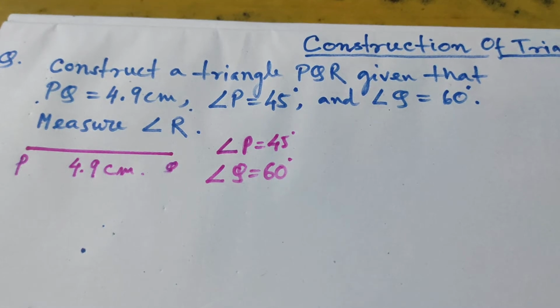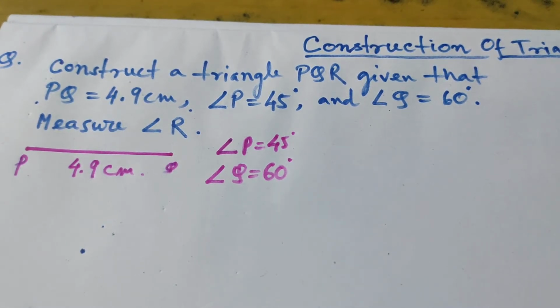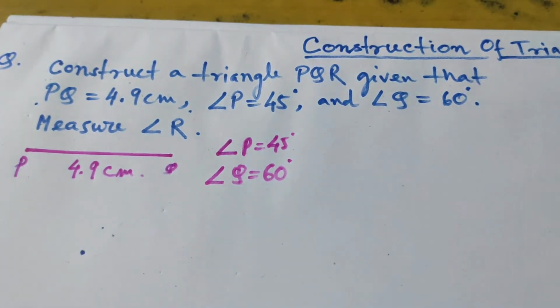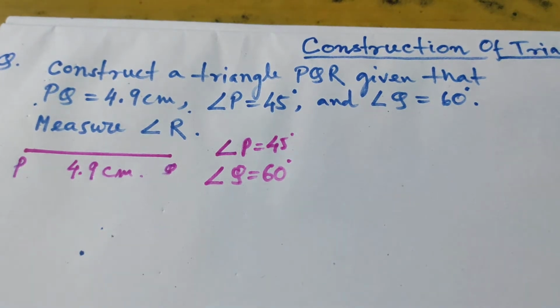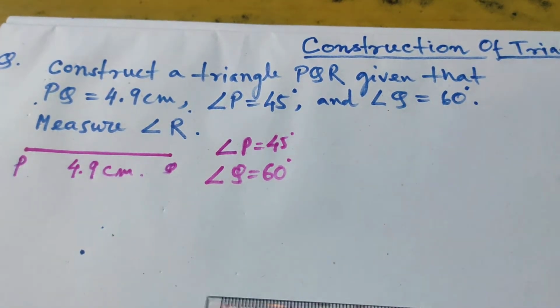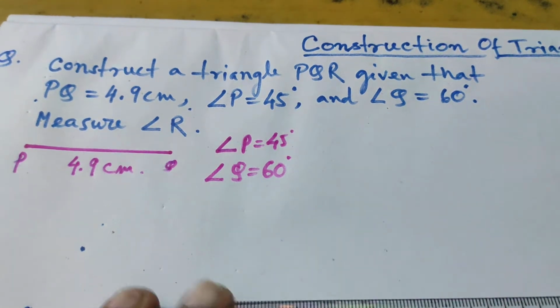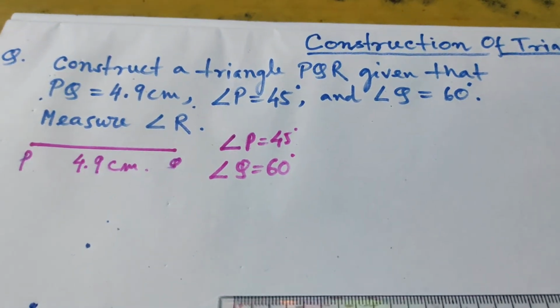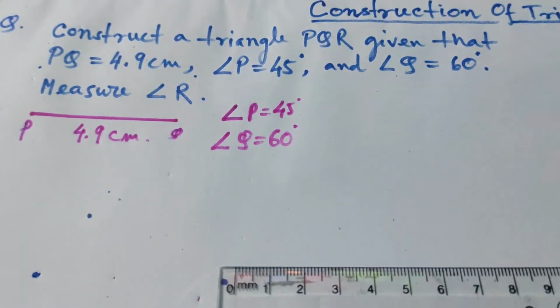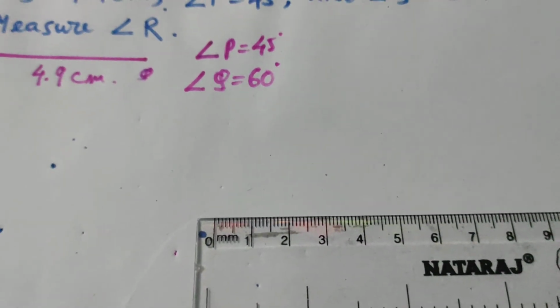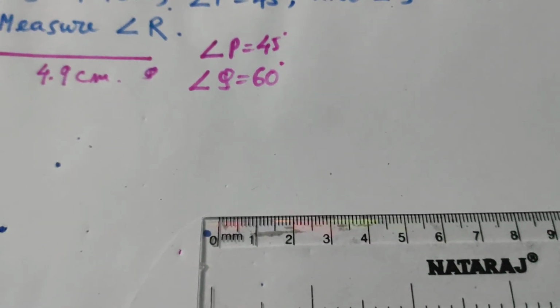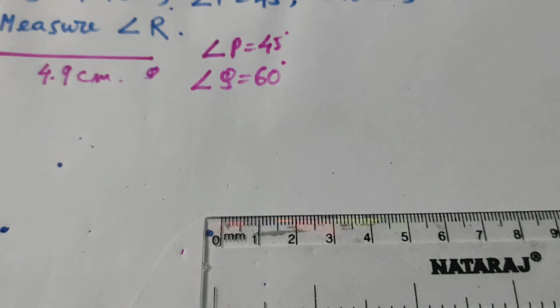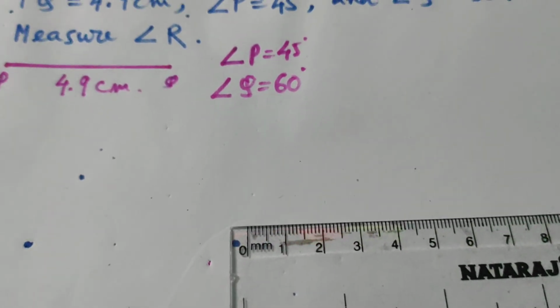So what will we draw first of all? First we will draw any line segment which is bigger than 4.9 centimeter. Okay, so let us draw a line segment which is bigger than 4.9 centimeter. So let us draw this over here, any line segment, suppose this.